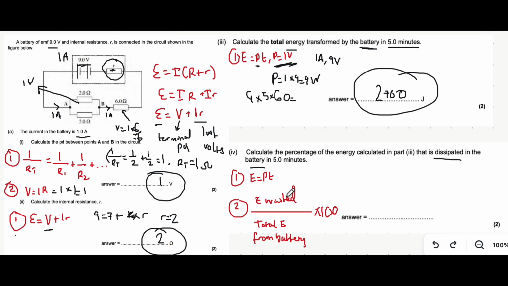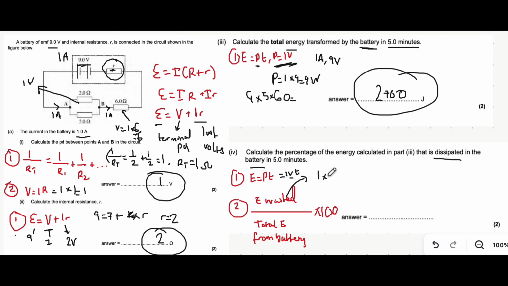So let's find the energy that's wasted. We first need the power through the internal resistance, which is the current through the internal resistance times the voltage that's wasted due to the internal resistance. Looking back at this equation, we know that EMF is 9, terminal voltage is 7, so lost volts, the voltage wasted due to the internal resistance, is 2.